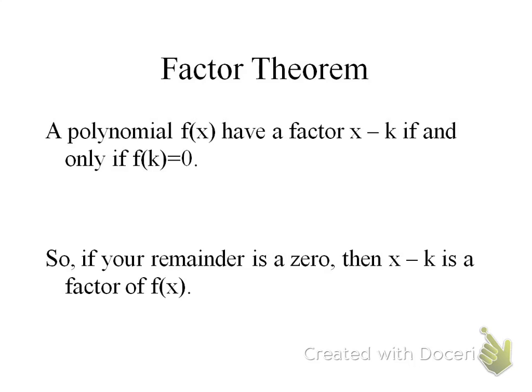If you don't have a remainder, what you were dividing by was a factor of the original polynomial. Sounds wordy, but it's not too complicated, especially if you think back to long division from grade school. If your remainder was 0, whatever you were dividing by goes into that number. Same thing here. If your remainder is 0, the polynomial goes into the original function.